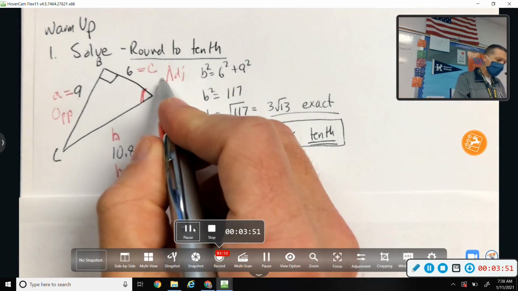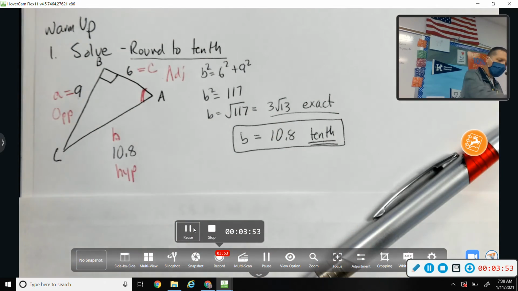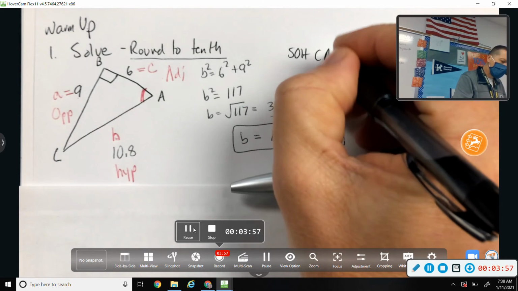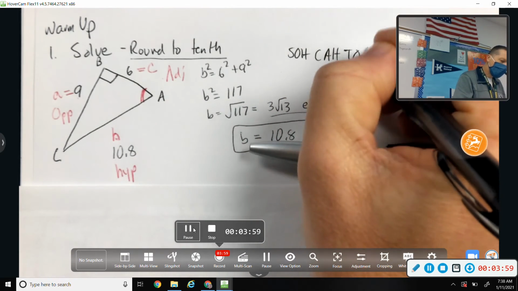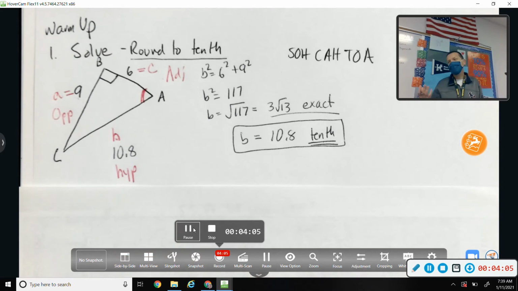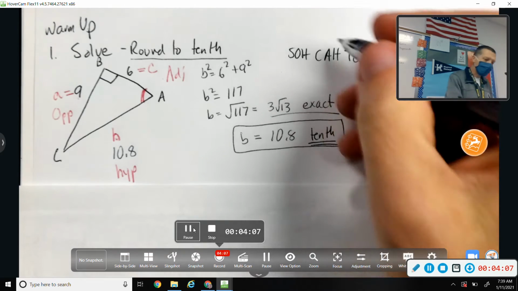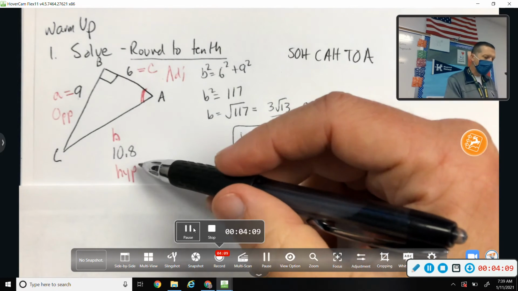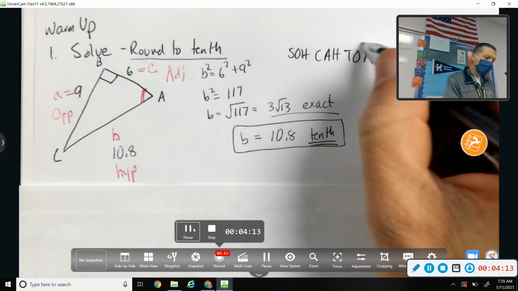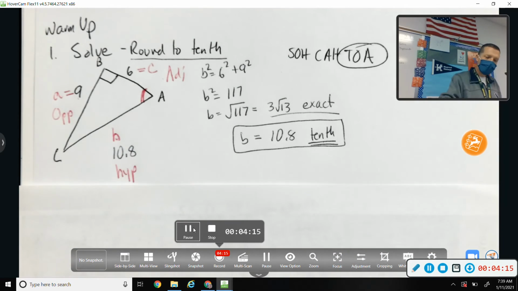That sounds like a tangent thing, although a few of you wrote out SOH CAH TOA, I guess, to remind yourself. And I'm looking for the angle. I guess since I have the hypotenuse, I could use any of them because we know everything. But 10.8 is rounded, and what if we made a mistake getting there? So I probably would like to use the original information. Probably be the safest way to go.